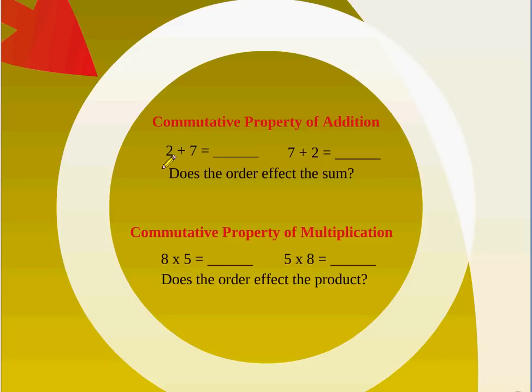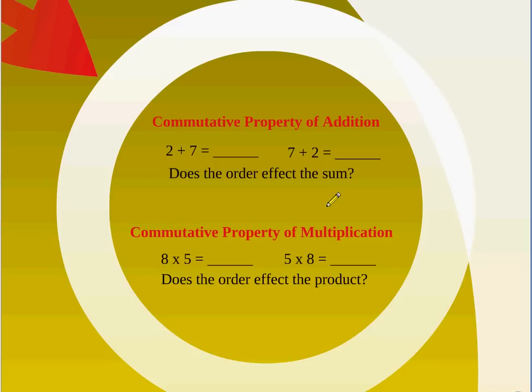Okay. Now 7 plus 2 equals what? It's the same thing. Does the order affect the sum? That means if you change 2 and 7 around, does that make your answer different? And the answer would be no. And that's the commutative property of addition. And of course you already knew that, but now we're giving it a name, which you'll have to remember.